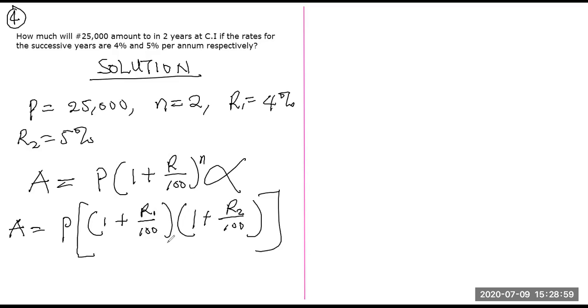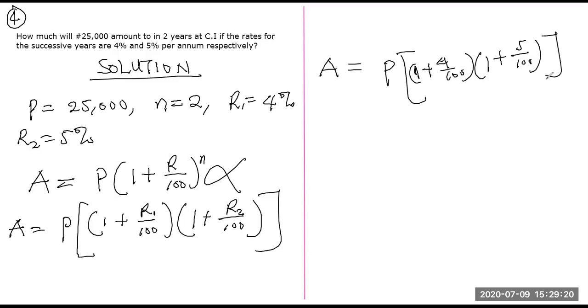All right, so when you insert into this formula, our A is equals to P into 1 plus the first rate, 4 over 100, multiplied by the second rate, 1 plus 5 over 100. Okay, putting our P, I forgot to put that. That will give us 25,000, multiplied by whatever you now have, which is 104 over 100.